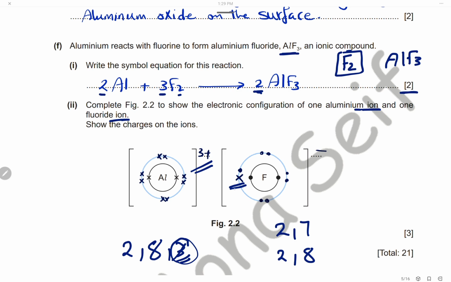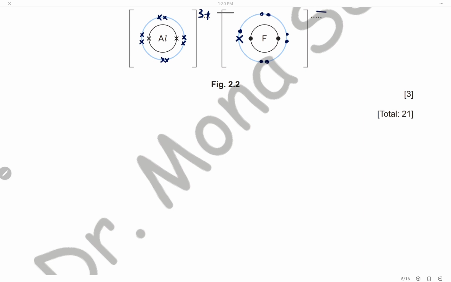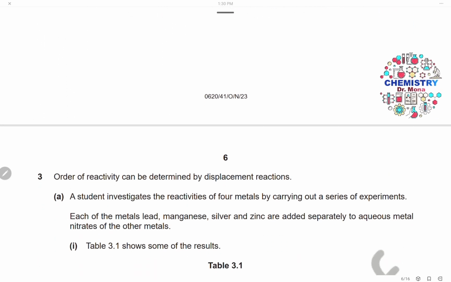And of course, because it gained 1 electron, it will have 1 negative charge. Here we only draw 1 fluoride ion, so each fluoride ion will gain 1 electron. We have 3 fluoride ions, so the 3 electrons lost from aluminium are gained by 3 fluorine atoms, but we only draw 1, as mentioned in the question.